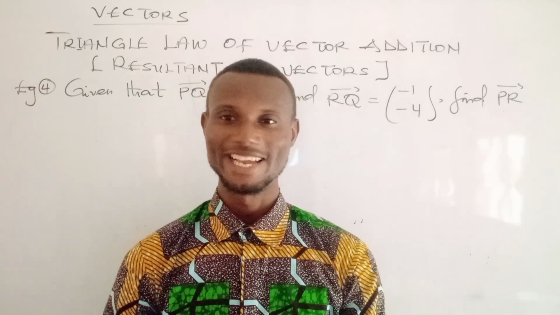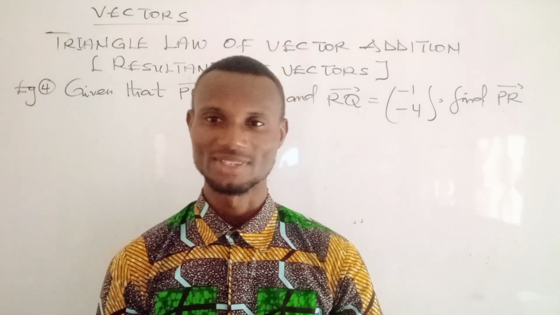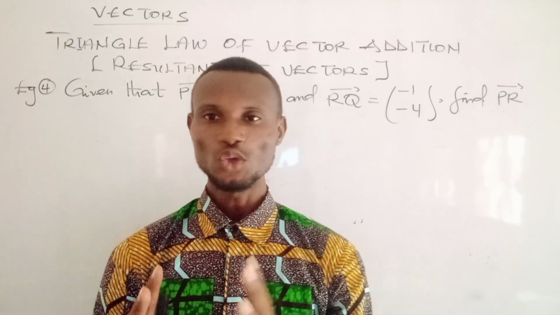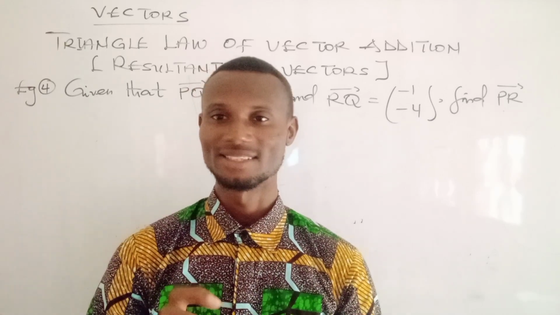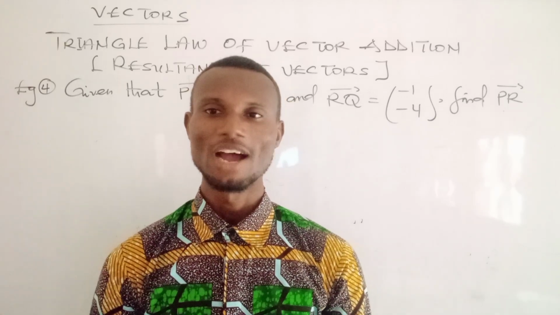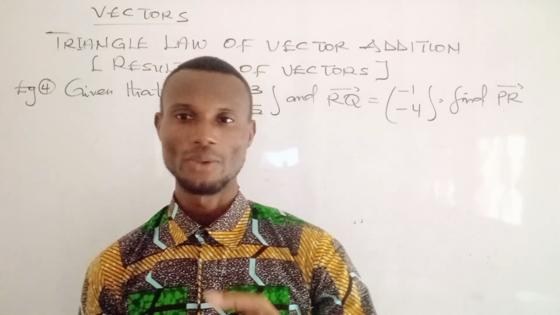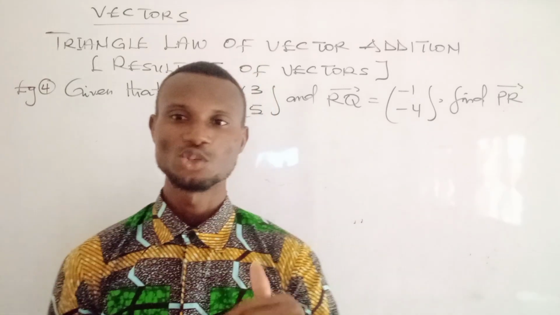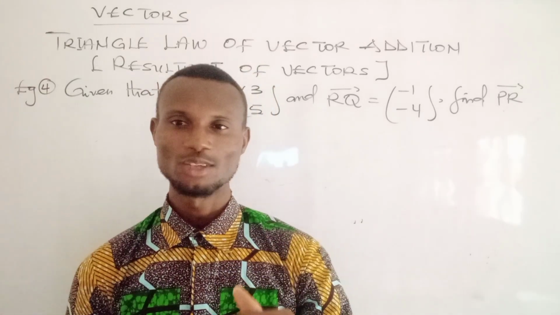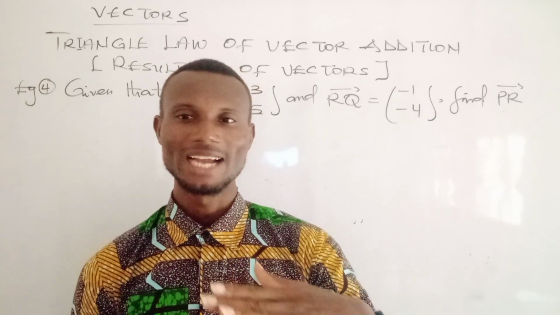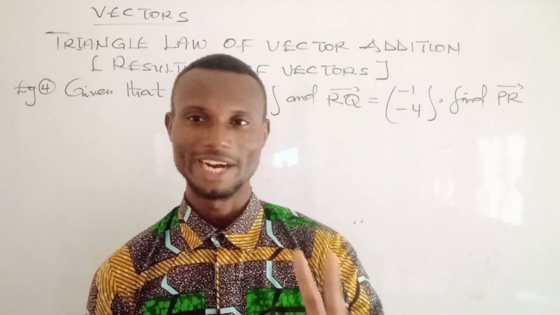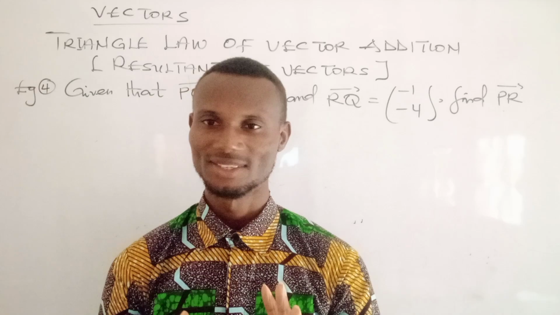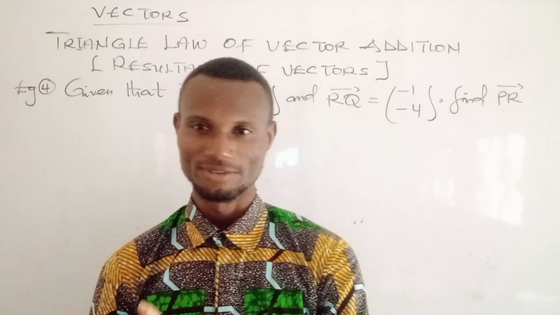And also I've explained to you from the previous videos that when you are labeling the vertices of the triangle, you have to label it in such a way that the vector that you are being asked to find comes at the base of the triangle, which is very important. So please take note of that.